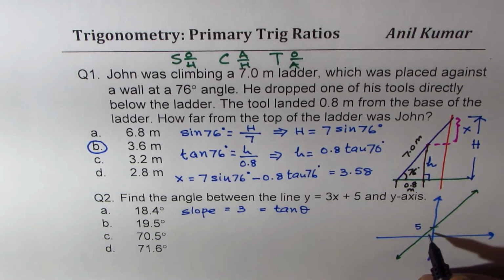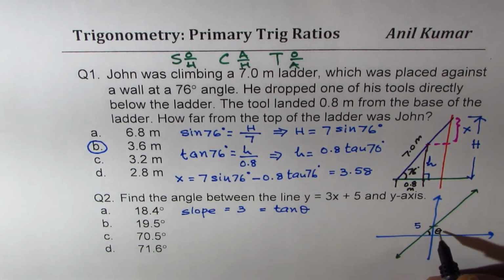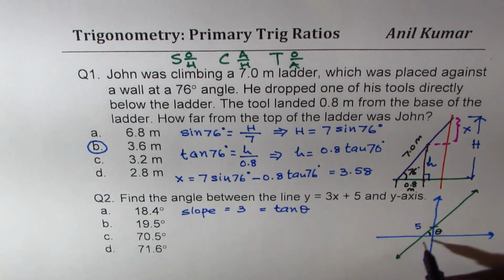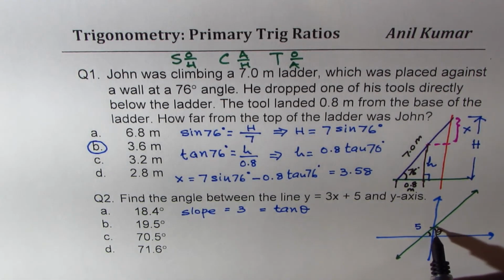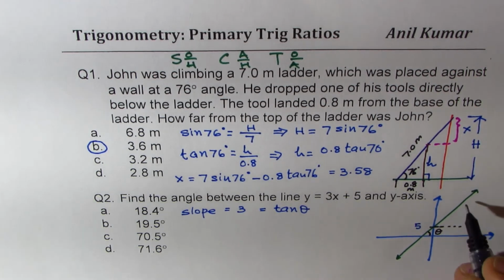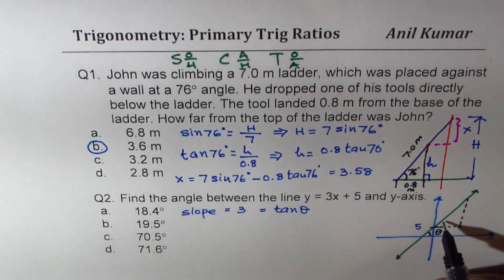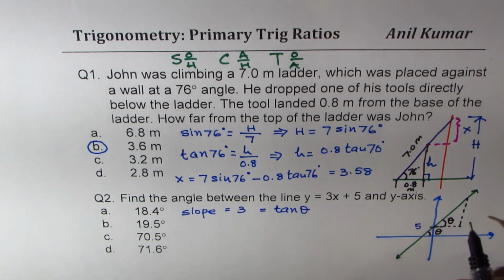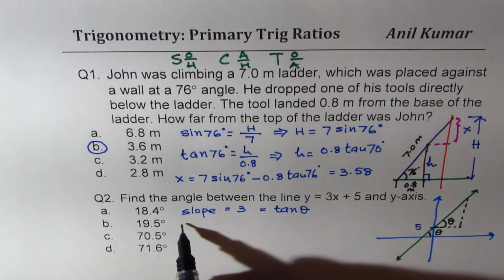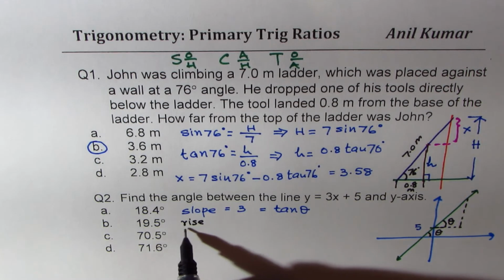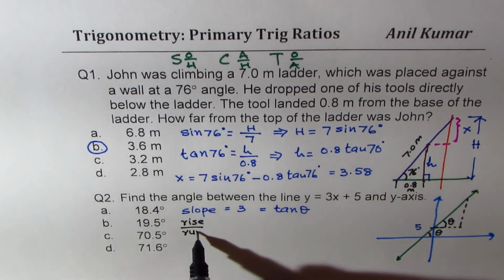So theta is this angle. Because if you see carefully, let me just make a triangle here, for example, to explain the concept. Theta will be this angle.